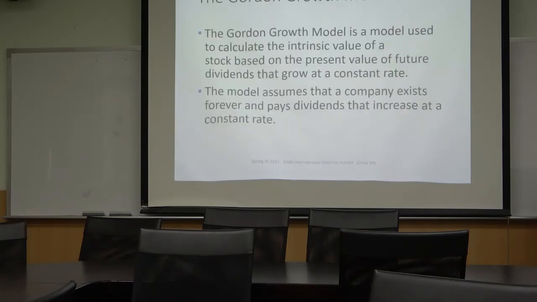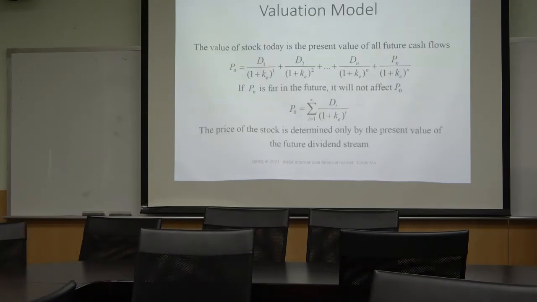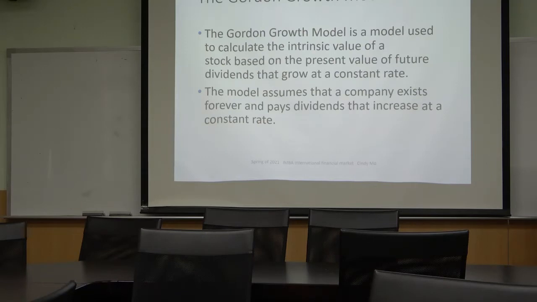The model I present to you is the Gordon-Worth model. It is a model used to calculate the intrinsic value of a stock based upon the present value of future dividends that grow at a constant rate. The constant rate we assume is KE; it never changes. The model assumes that a company exists forever and pays dividends that increase at a constant rate.